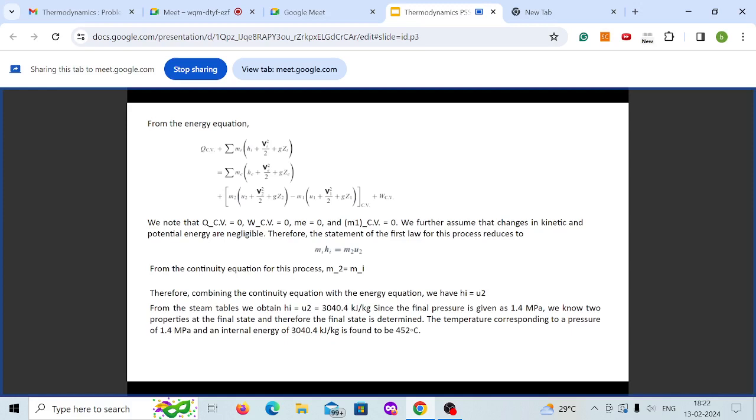So substituting this in the general equation, it will reduce to Mi into Hi, the enthalpy of mass Mi coming in. This will be equal to M2 into U2, that is the internal energy of the system at state 2. Because internal energy at state 1 is 0, there is no mass, so there is no energy in the system. This will be equal to M2 into U2, the energy at state 2, which is equal to the enthalpy which is coming in.